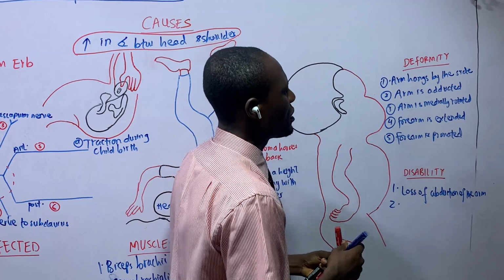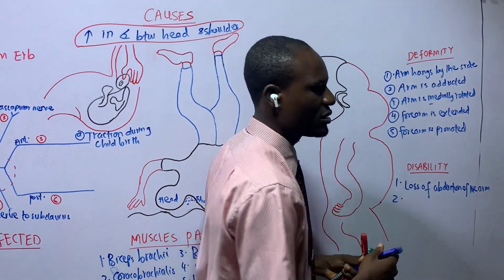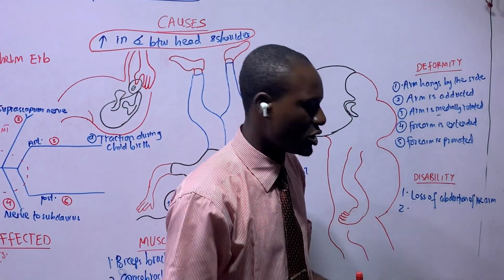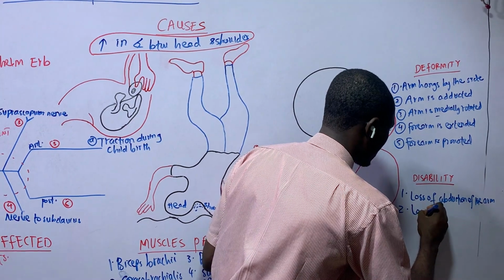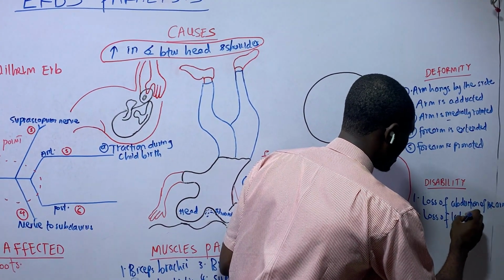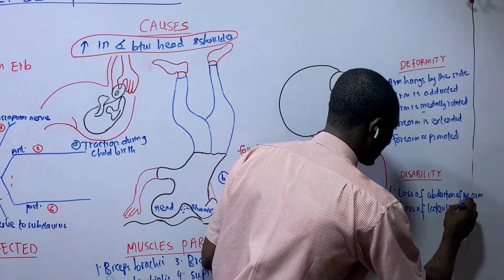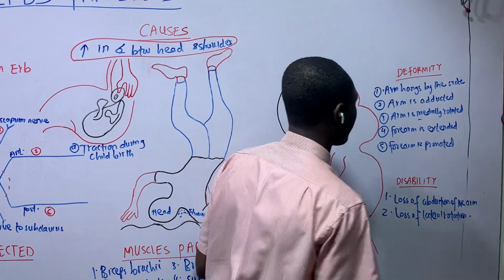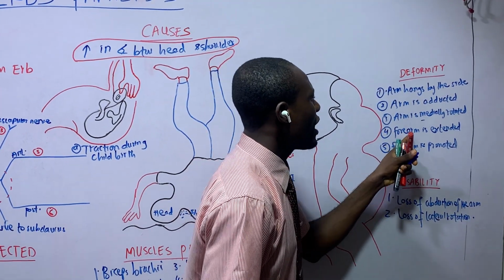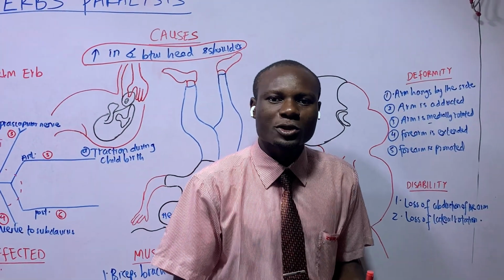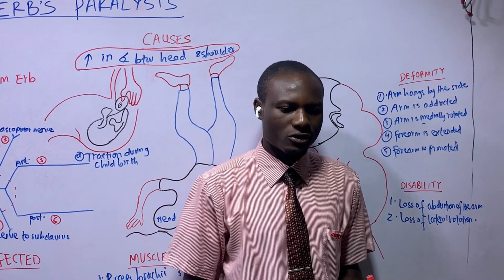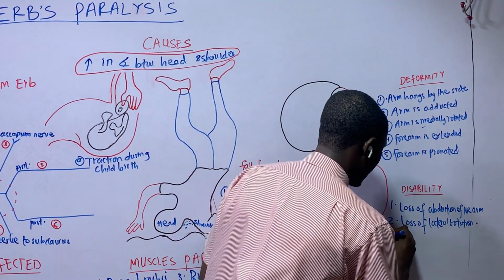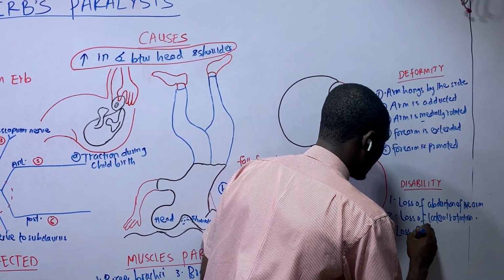So number two, the arm is medially rotated. So there's loss of lateral rotation of the arm. Okay. So the forearm is extended. So there's loss of flexion of the forearm. So get that, right?